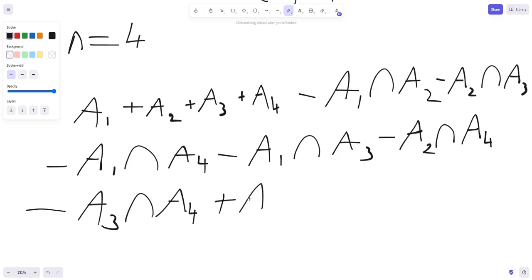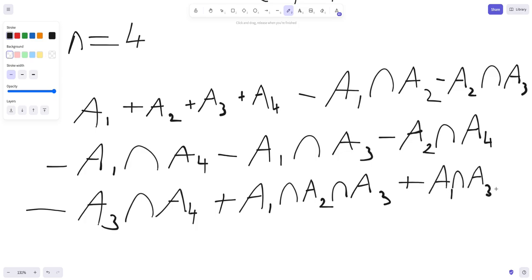And now we're going to be adding all the triple intersections that we have. So this would be A1 intersection A2 intersection A3. And we could also have A1 intersection A3 intersection A4.